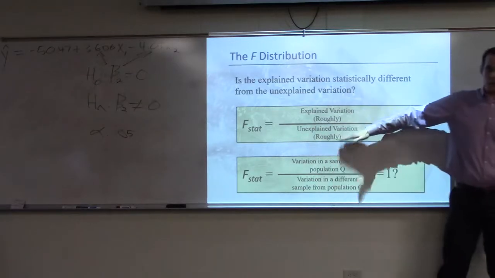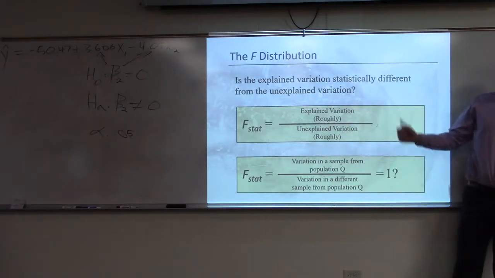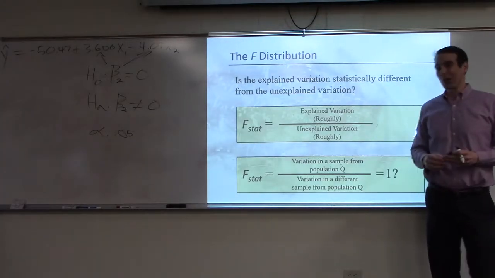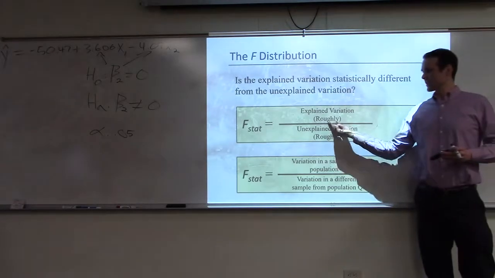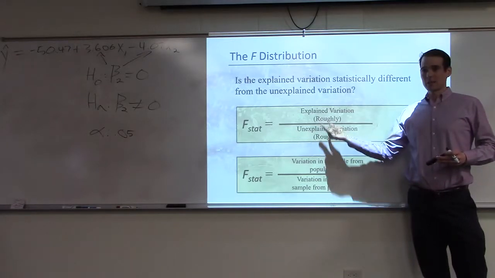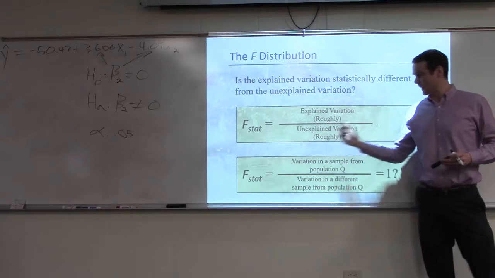So it's 10 divided by 1, which is 10. So the higher the F-stat, the more our equation overall explains. And I say roughly because I just need to show you a couple little changes you're going to make before you do the calculation. But just intuitively, it's explained variation over unexplained variation.